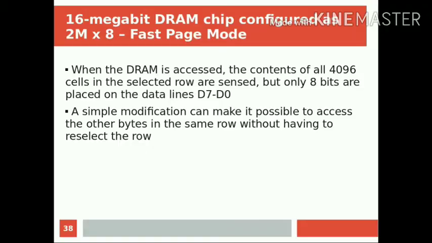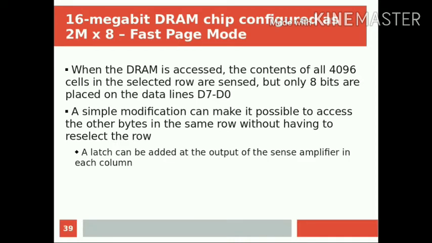Next we have to explain the fast page mode operation in the case of a DRAM memory chip. When the DRAM is accessed, the contents of all 4096 cells in the selected row are sensed, but only 8 bits are placed on the data lines D7 through D0. A simple modification can make it possible to access the other bytes in the same row without having to reselect the row.